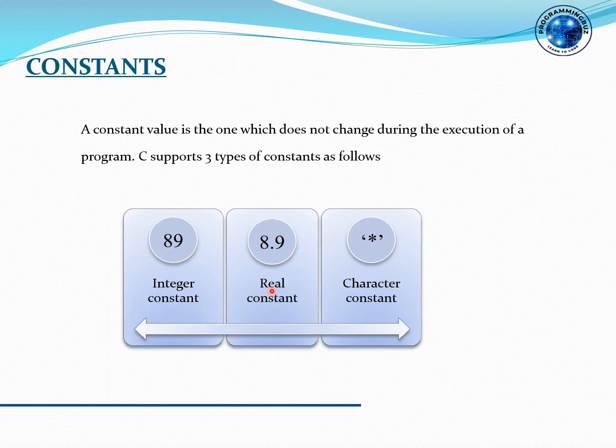Whereas a real constant compulsorily contains a decimal point, meaning these are fractional values. And the third type, the character constant, can contain a single character or multiple characters. We will discuss each of these constants in detail.